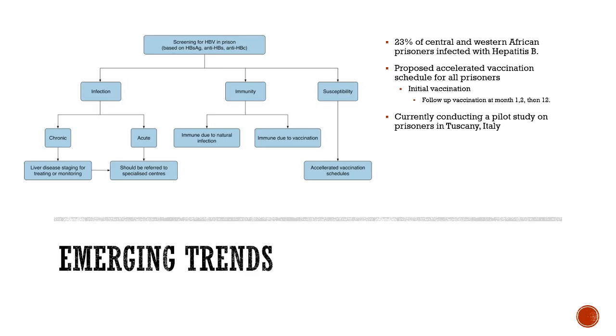This schedule involves the initial vaccination with a follow-up vaccination after months 1, 2, and 12. So they get their initial vaccination, and after 1 month, they get their second vaccination, and after another month, they get another one, and then in 10 months, they get their last vaccination.